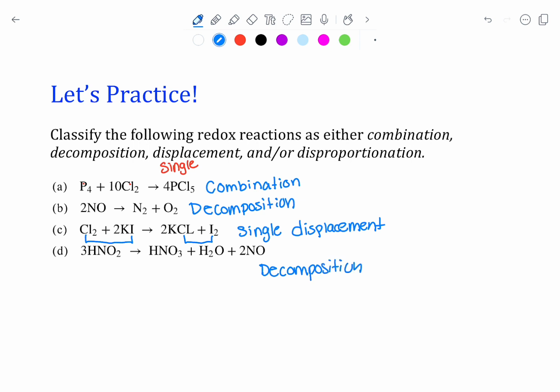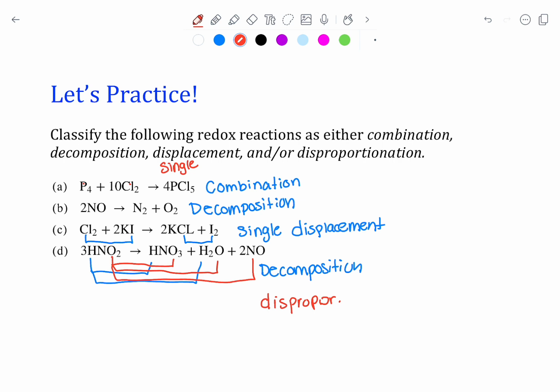But we can see that the hydrogen is going into both HNO3 and H2O, and that the oxygen is going into the HNO3, the H2O, and the NO. So we also have a disproportionation. I'm not going to be able to write that whole thing. Okay, disproportionation. I won't finish it.